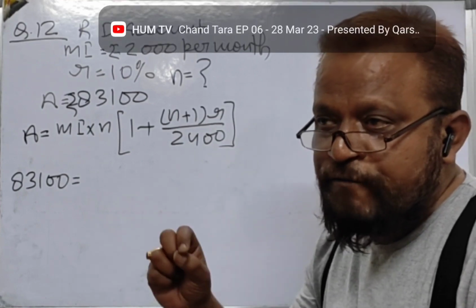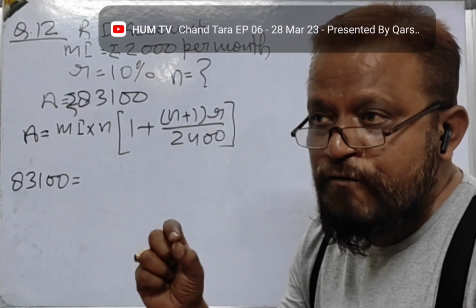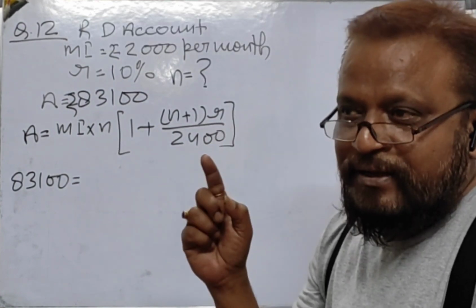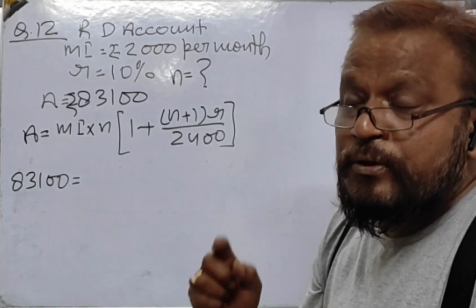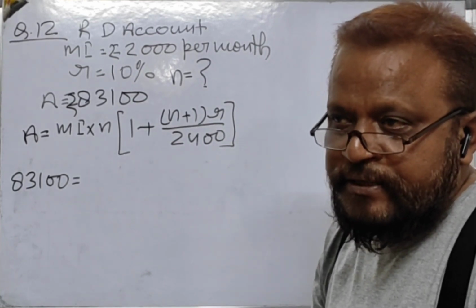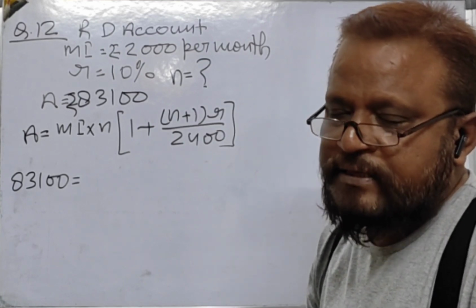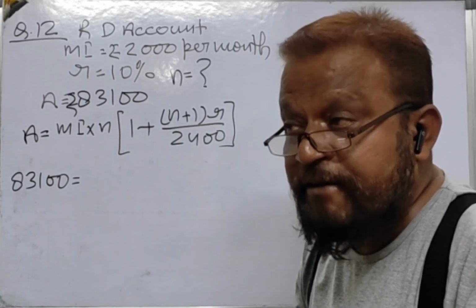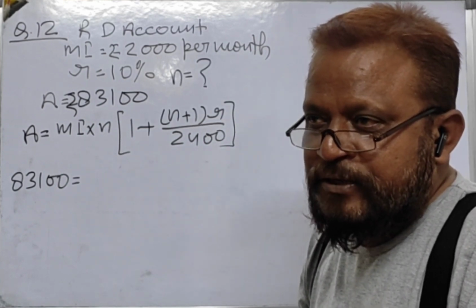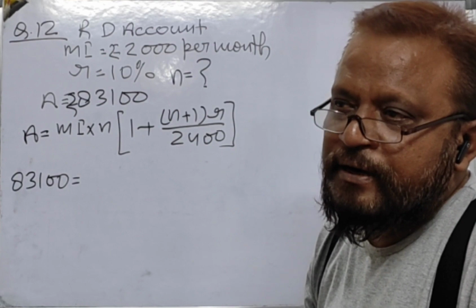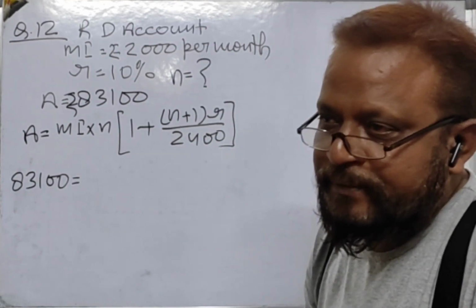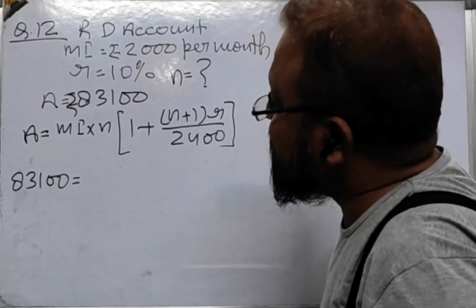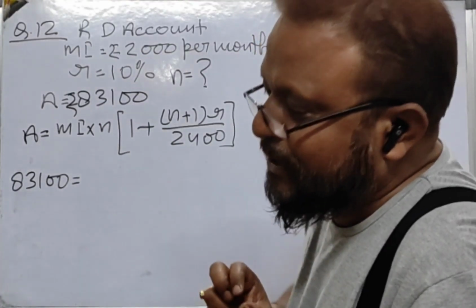Then when you write a wrong formula, your brain will stimulate you that something is wrong. That's why in mathematics, in class 10th, 11th, 12th, when you solve a question, write the formula every time, so you do not have to learn it in extra time. That's why every time I'm writing the formula, just for your sake.